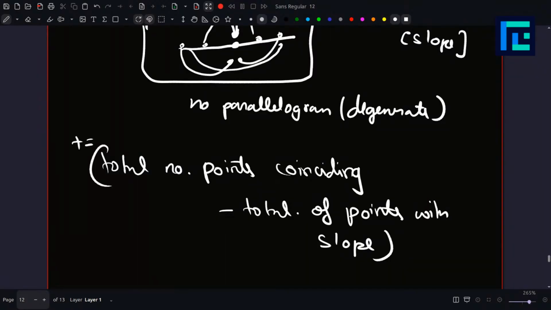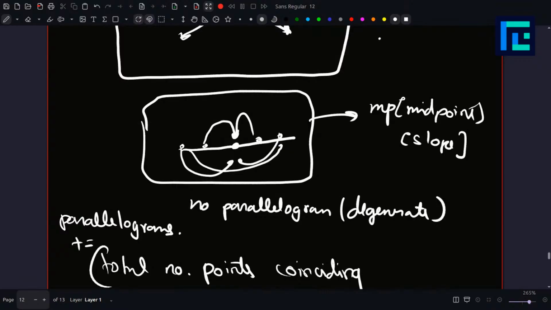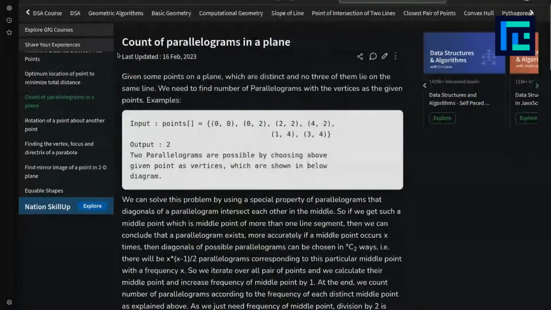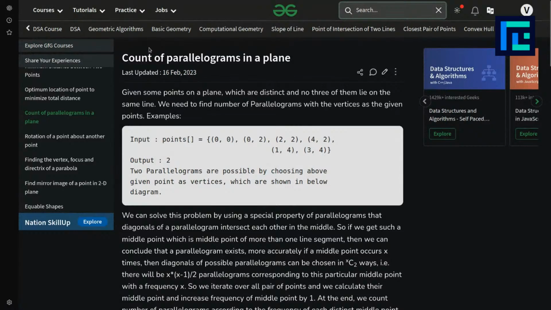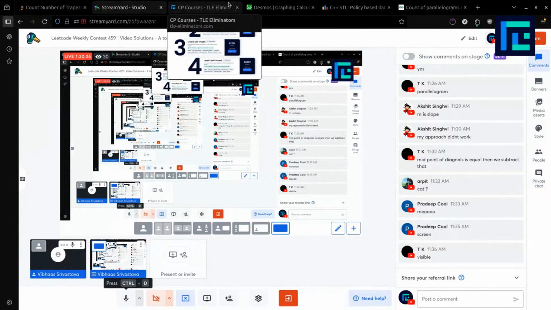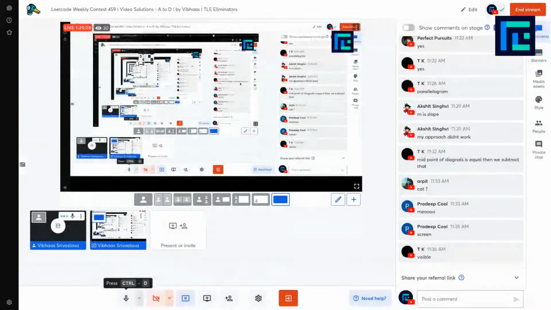Each time we find some coinciding thing, we can add this to the number of parallelograms. And if you want to learn more about this approach, which was my approach during the contest, if you want to refine it, just read this GeeksforGeeks article, or there are many other articles which show you how to count the number of parallelograms in a plane. So that's how we do it.